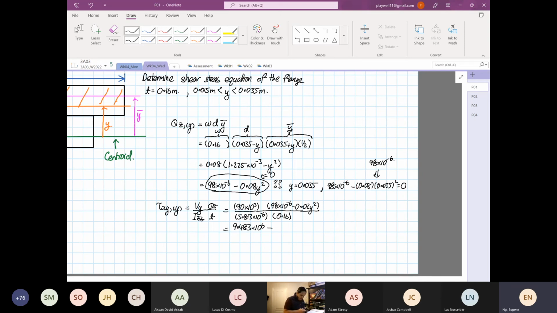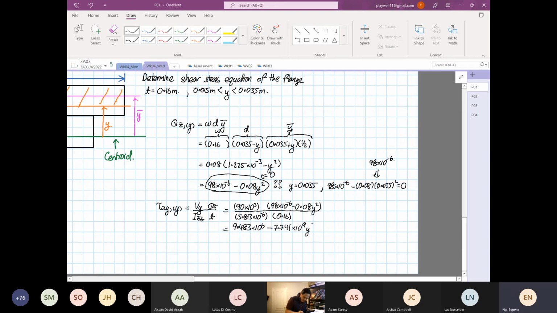I don't get it at all. I think I made a mistake. It's not 0.02, it's 0.08. Okay. So 90 power 3 multiplied by 0.08 divided by 5.813 power minus 6 divided by 0.16 is equal to 7.741 times 10 to the power 9.